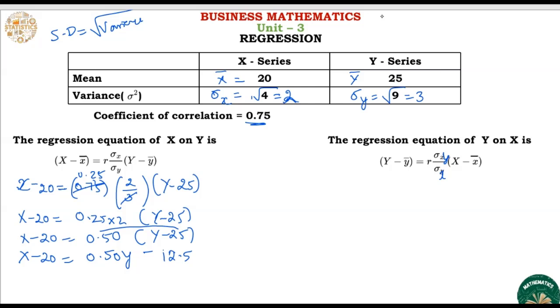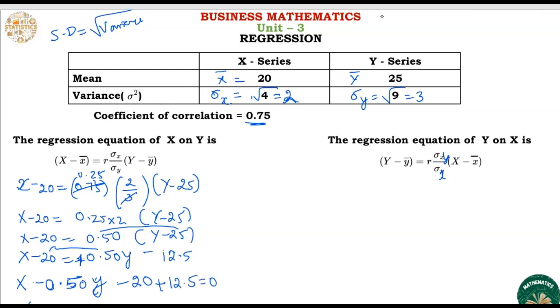So now we want the equation, so we will just take all the things to the other side. It will become x, if no sign, it is plus. If plus goes to the other side, it becomes minus. Minus 0.50y, then minus 20, and this minus goes to the other side and becomes plus 12.5 equals 0.